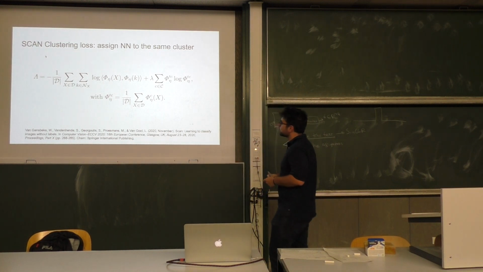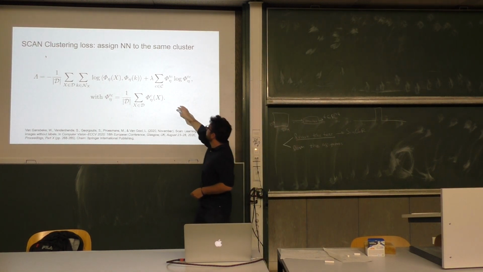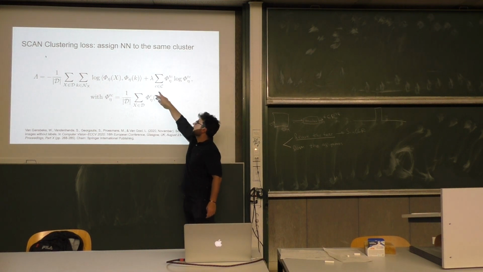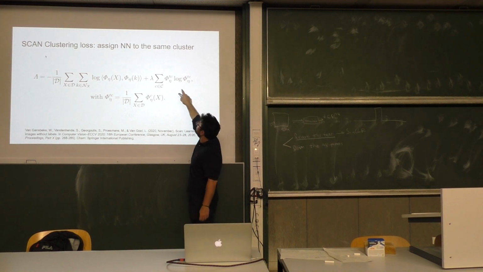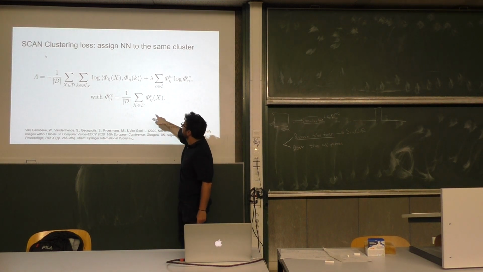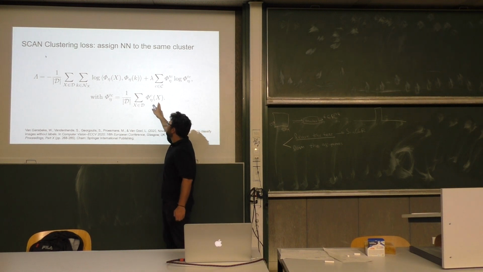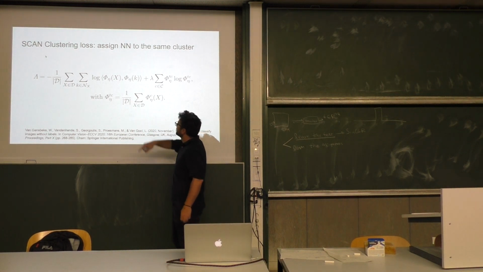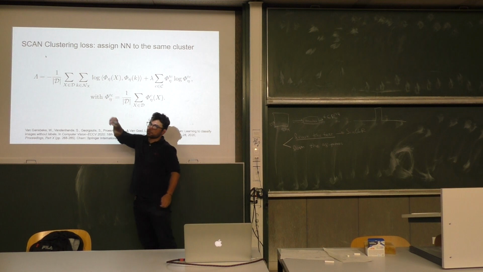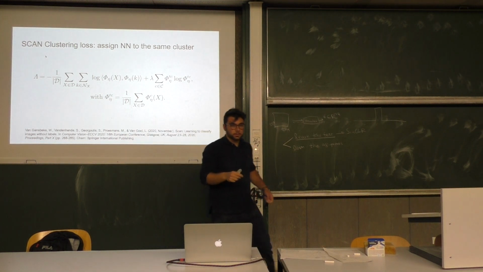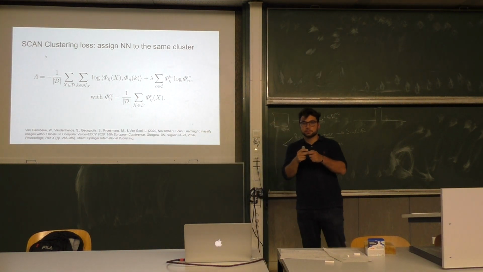The second term is a trick called entropy regularization. They have another loss function here with a hyperparameter, and this is nothing other than cross entropy between basically the average of the predictions over the images of the batch.